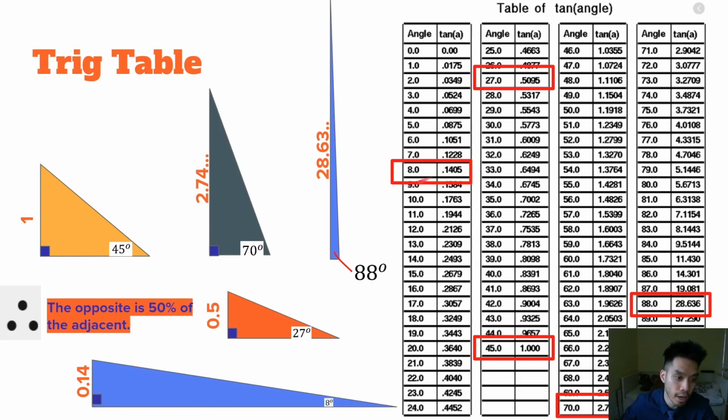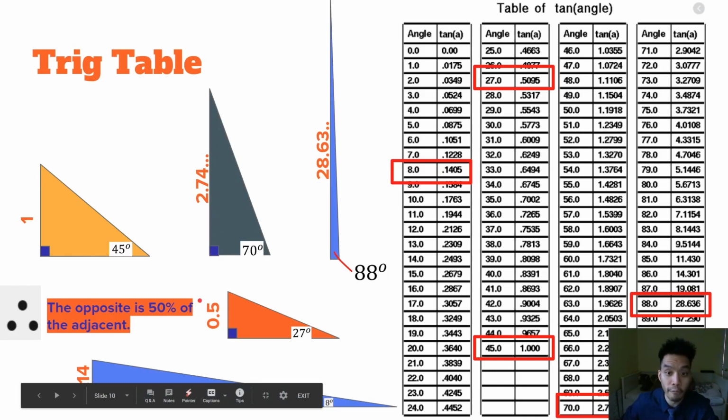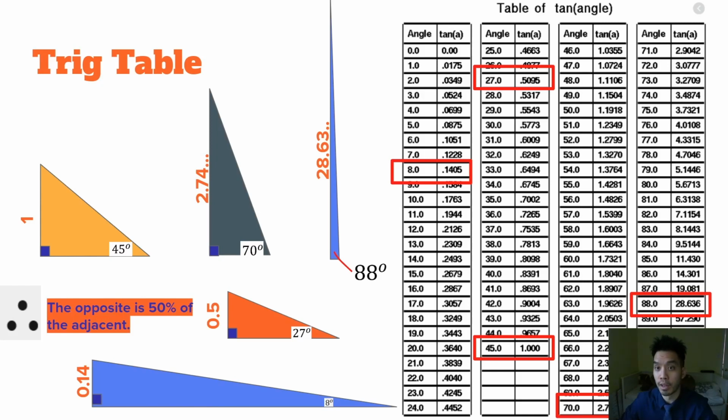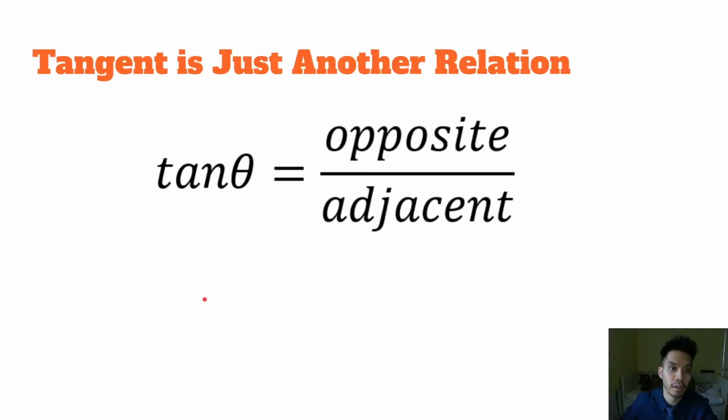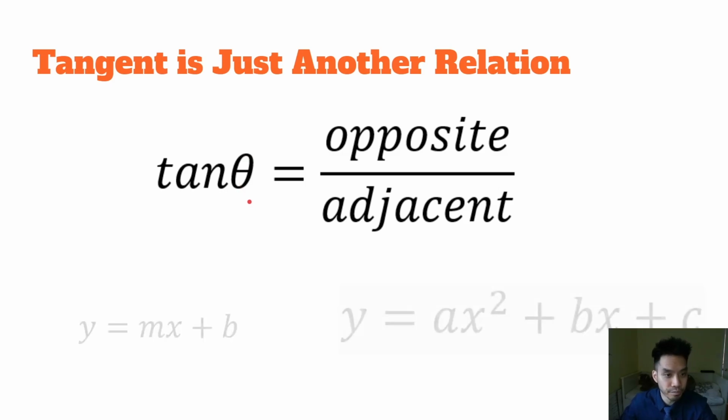That the opposite down there is 0.14 of the adjacent, or 14% of the adjacent length there. Okay? So the calculator's just memorized that table for you. It's not doing anything magical, it's just telling you the ratio of opposite to adjacent. So that's what tangent really is. It's just a formula of opposite over adjacent, and your calculator's basically memorized every single ratio.